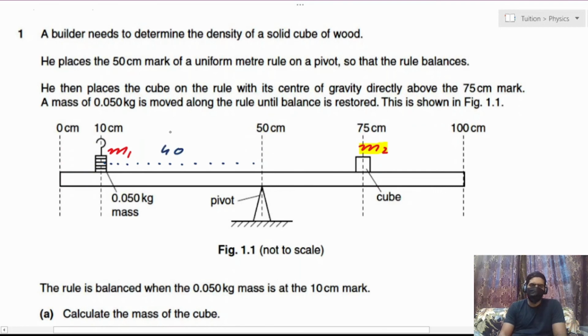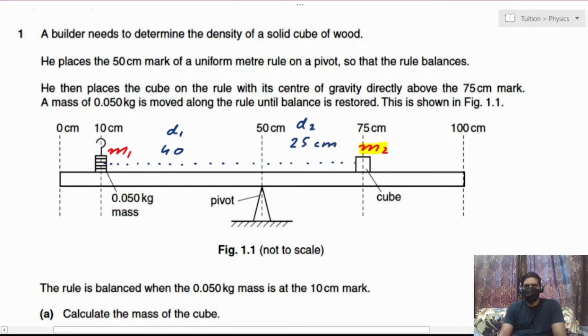So I could say d1 equals 40 centimeters, and similarly the distance of the cube from the pivot starts from 50 and ends at 75. So how much distance do we cover in between? We cover 25. So d2 is 25 centimeters.